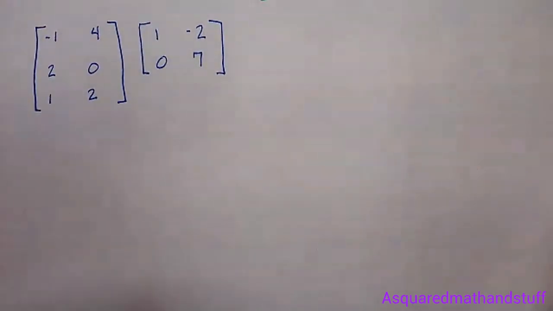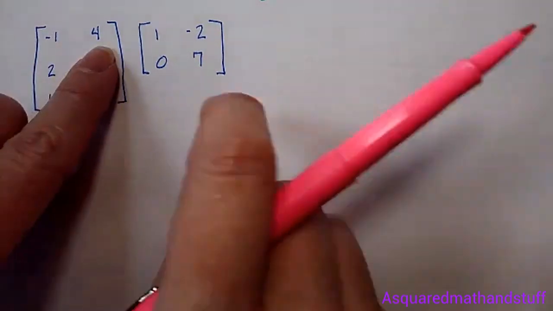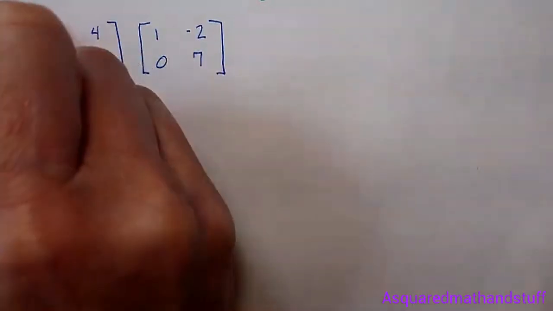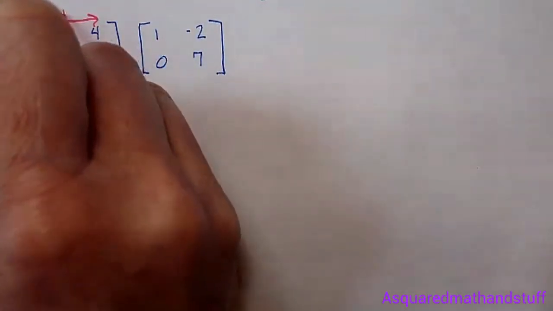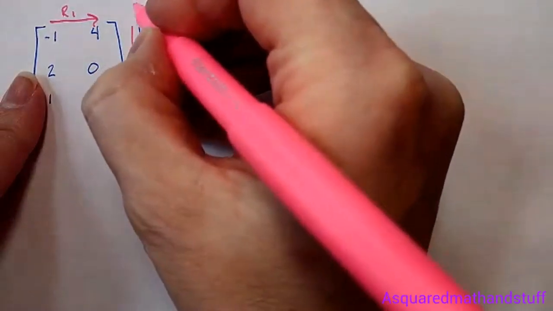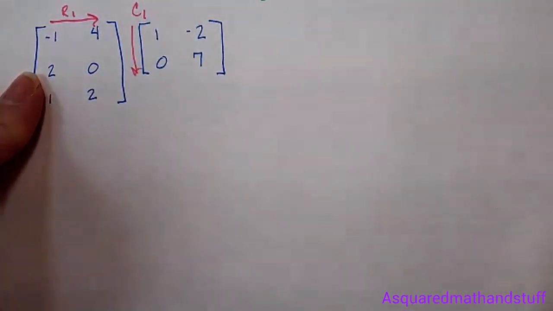With the more traditional method, we go across a row and down a column. So let's go ahead and do that. We are going to go across row 1 and then down column 1 at the same time.